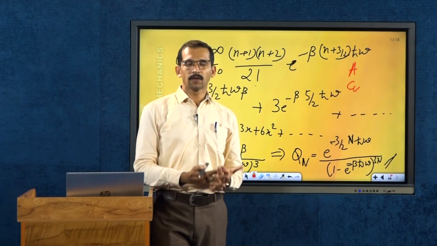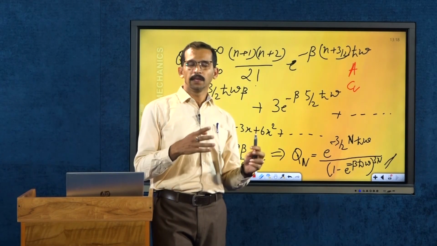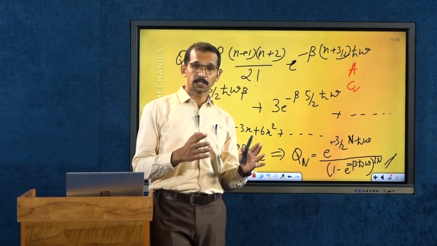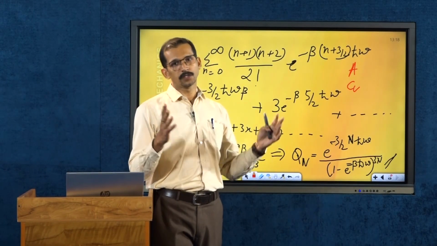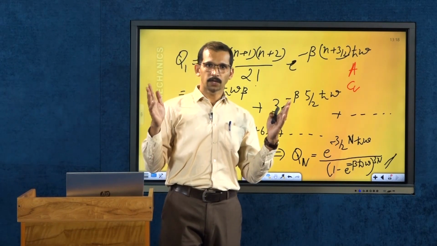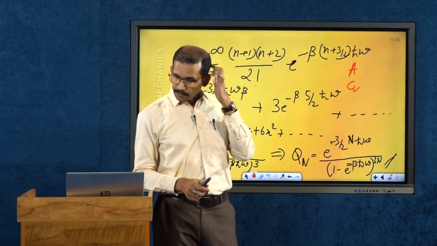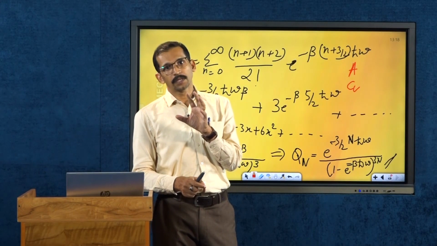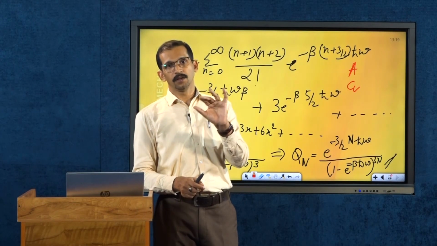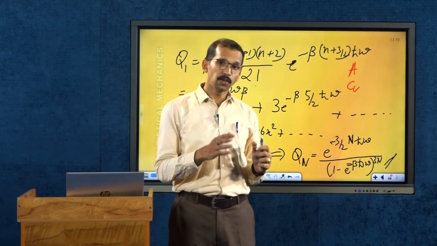So we calculated the partition function for the system in terms of the energy. Qn is equal to e raised to minus beta h cut omega. Next, we introduced the concept of degeneracy into the expression, and we put the degeneracy in two ways.